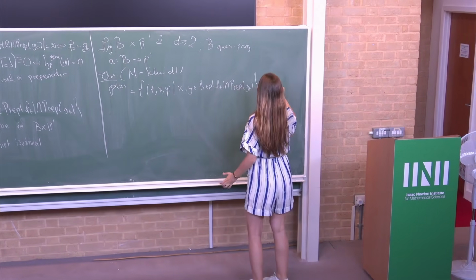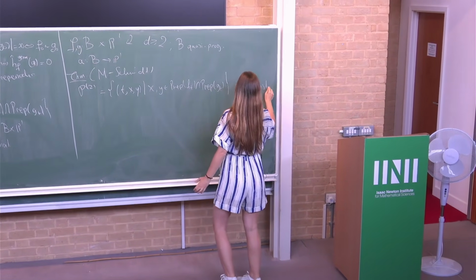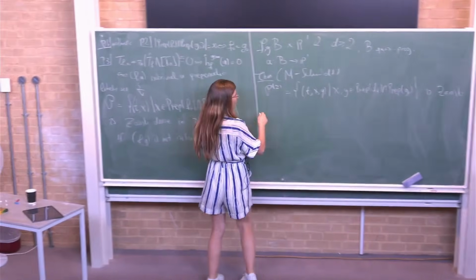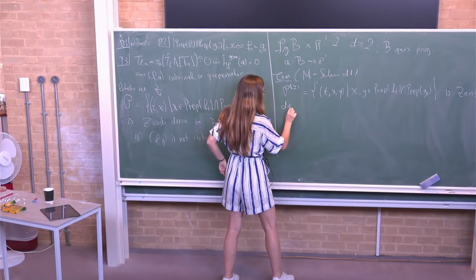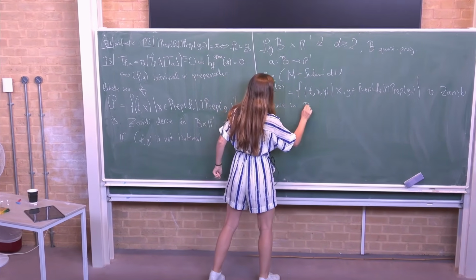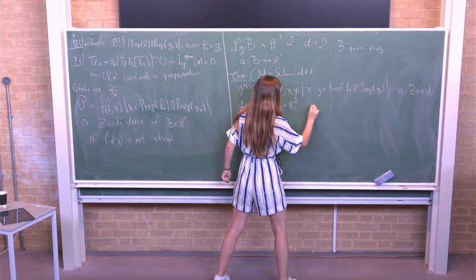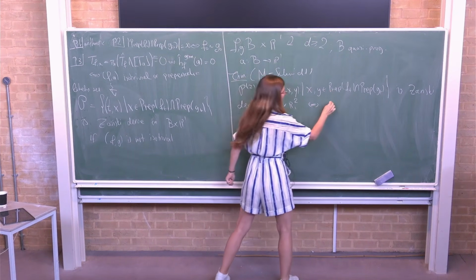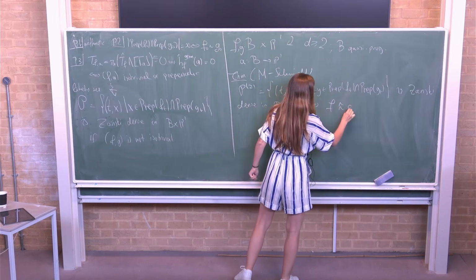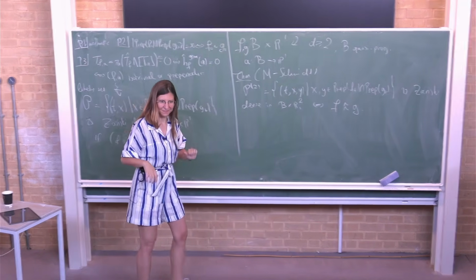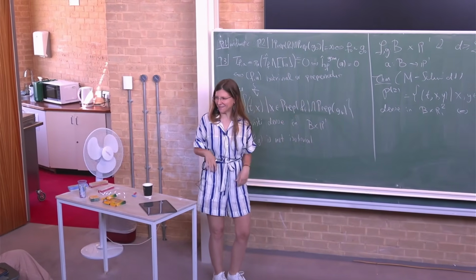This can only be Zariski dense in its total space, which now has dimension 3, when F and G are related in some extra way.